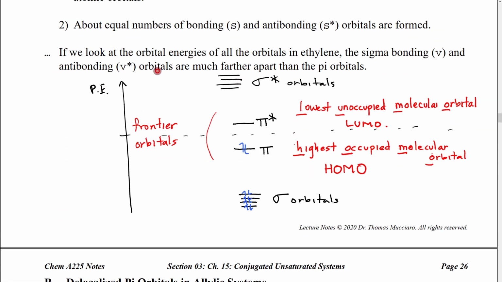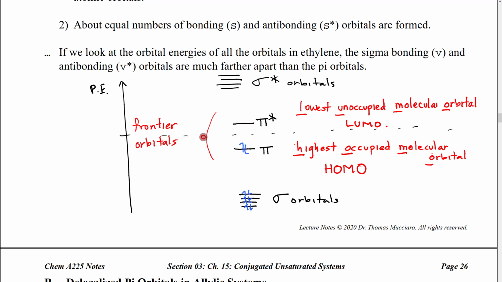Adding on to this, if we look at all of the orbital energies in a molecule like ethylene, which is CH2 double bond CH2, we see that we have sigma bonding and sigma anti-bonding orbitals. However, the energy changes for the sigma orbitals are much larger than the energy changes for the pi orbitals.